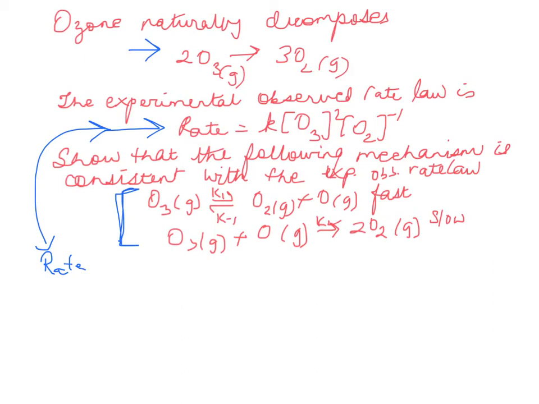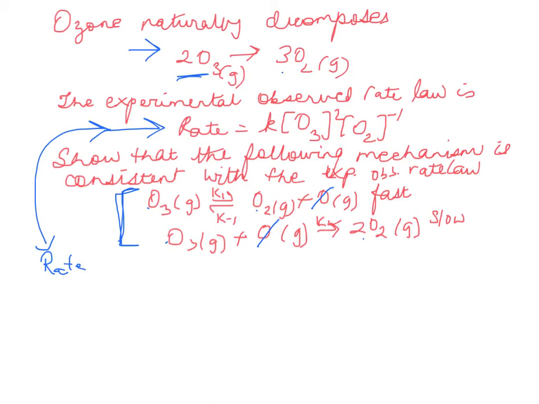And so hopefully you can see that overall, if you think about the mechanism, essentially the oxygen is being used up, so that is your intermediate right there, and when you add you will have two O3s, so two O3s will give you three O2s. So it does tally to be the overall reaction, but now we have to simply prove it.